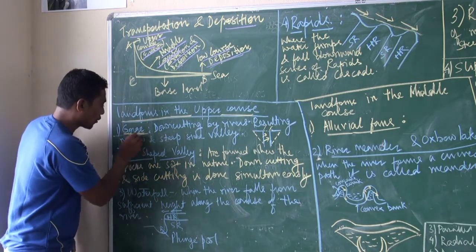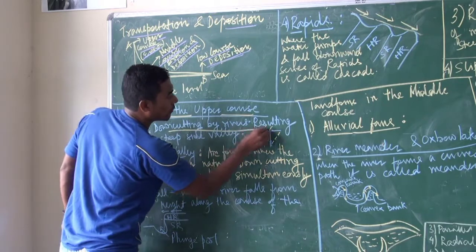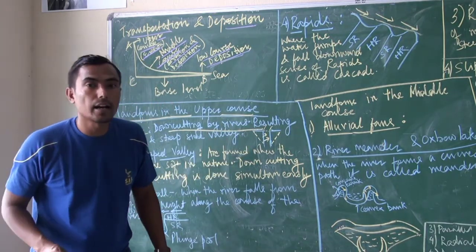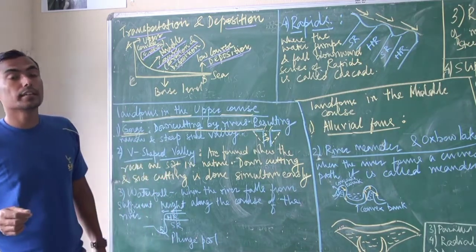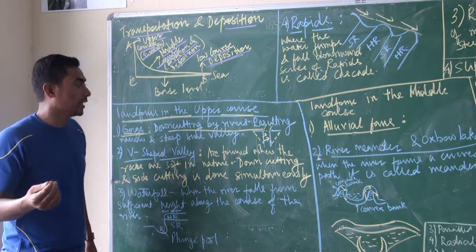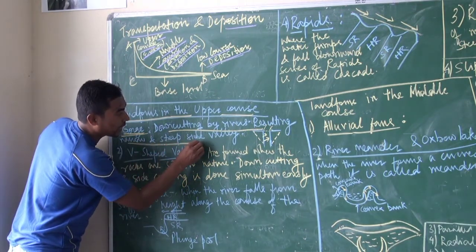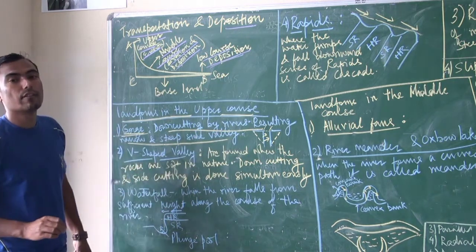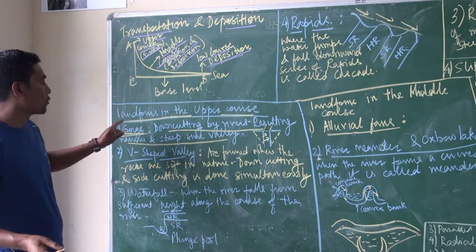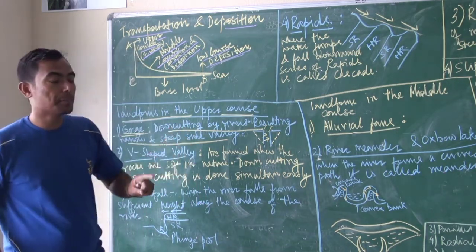First, gorge. When the down cutting by the river becomes very high, when the down cutting becomes extreme, especially in hilly areas, it results in the formation of narrow, steep-sided valleys, resulting in the formation of a gorge. A gorge is also referred to as an I-shaped valley.